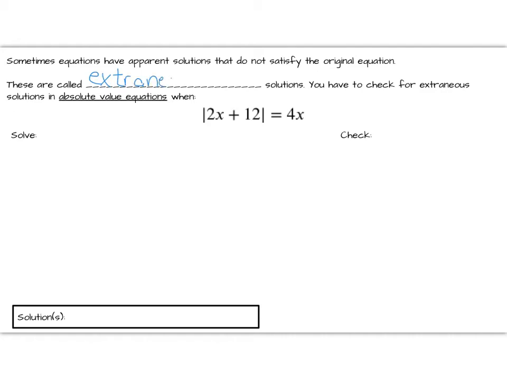See that word extra in there? They are extraneous solutions. That means they look like an answer. We got them as an answer, but they don't work. And you have to do this when you have a variable or an absolute value on both sides. Okay, that's when you have to check for extraneous solutions.